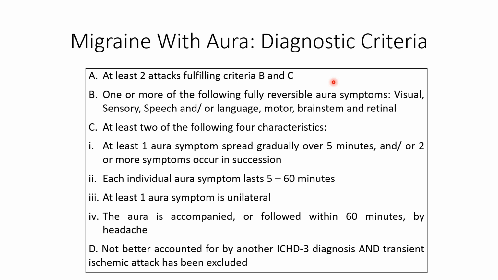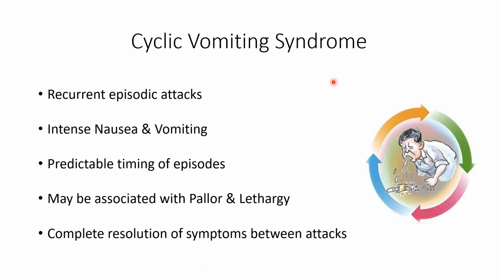What is important here is that it is fully reversible, and at least 2 of the 4 should be present: the aura should spread gradually over 5 minutes, the aura symptom should last 5 to 60 minutes, at least one aura symptom should be unilateral, and the aura should be either accompanied or followed within 60 minutes by the headache. So we want 2 out of these 4. And again, no other cause should better explain this diagnosis.